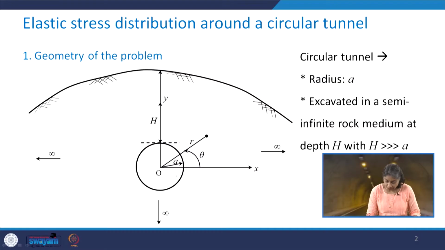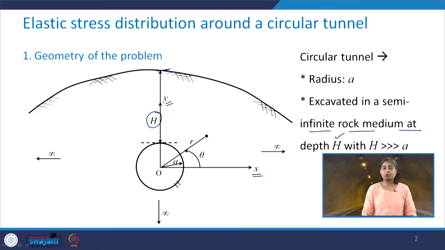As far as the geometry of the problem is concerned, we have a circular tunnel here. The axes are defined by the horizontal axis, which is the x axis, and a vertical axis, which is the y axis. This circular tunnel is excavated in a semi infinite rock medium, which is at a depth of h. From the ground surface to the top of the circular tunnel, this is h.